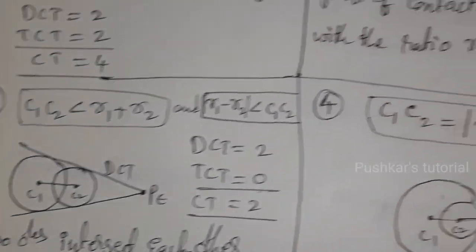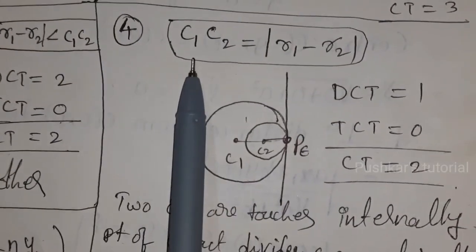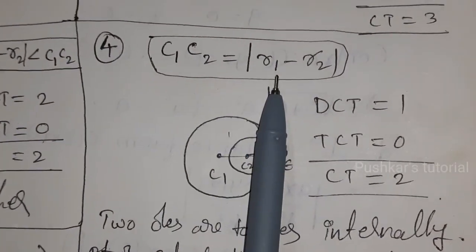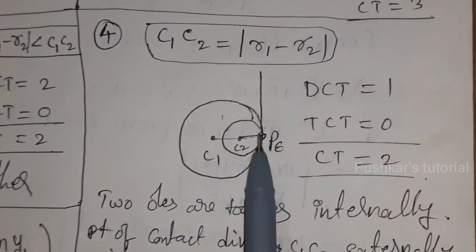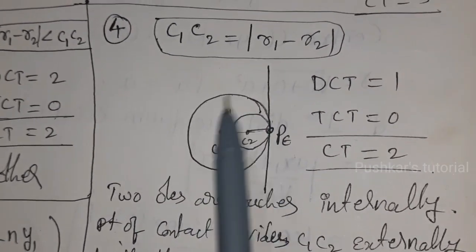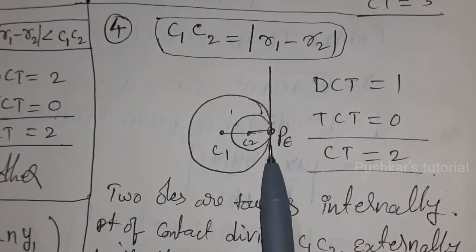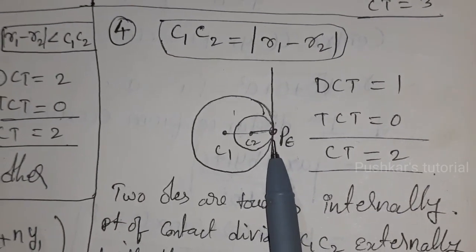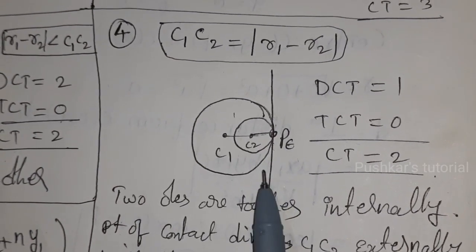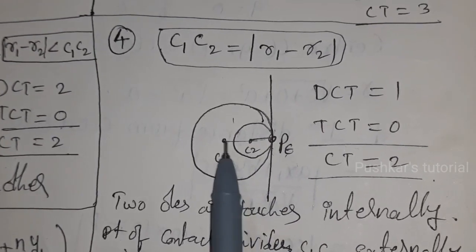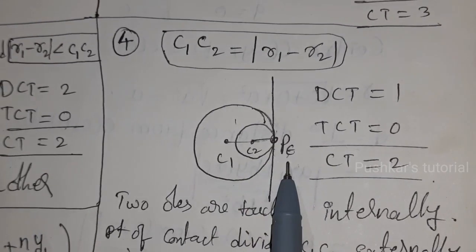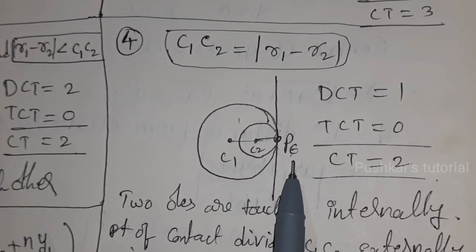Now coming to the fourth point: C1C2 is equal to the modulus of R1 minus R2. The two circles touch each other internally, but the point of contact is external. In other words, P lies outside C1C2, so P is external.